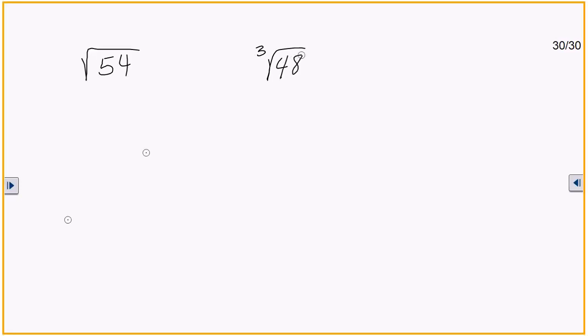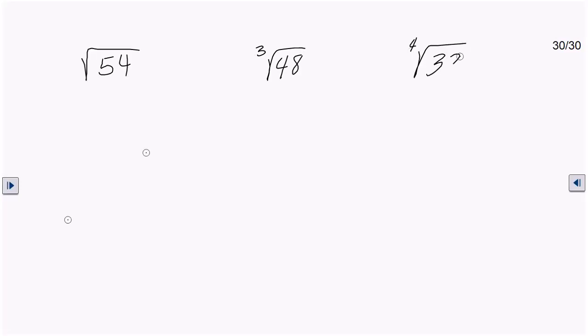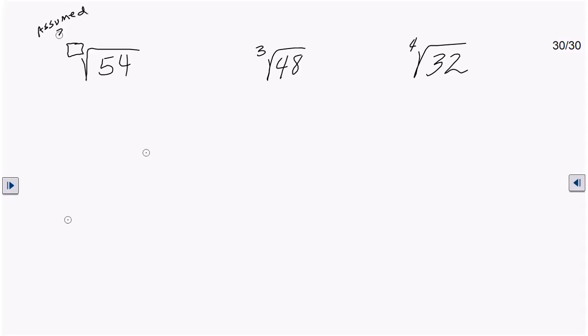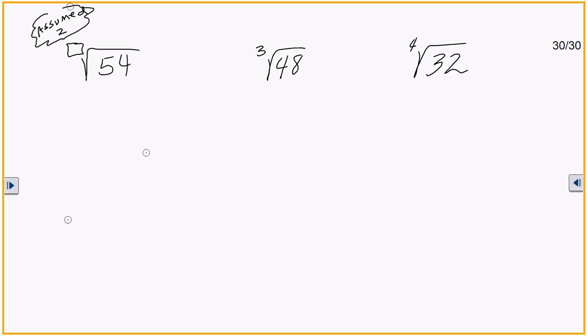And the fourth root of 32. Okay? And when you do not see a number there, when that is blank, it's assumed to be a 2. When you see a radical without a number there, it's assumed to be a 2.